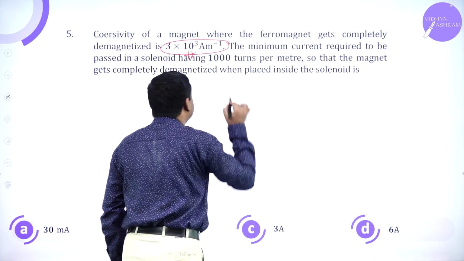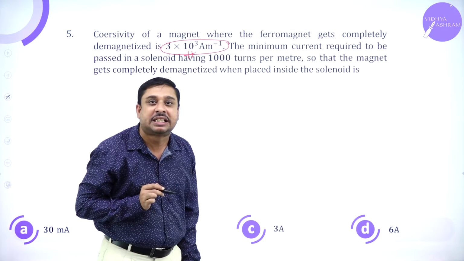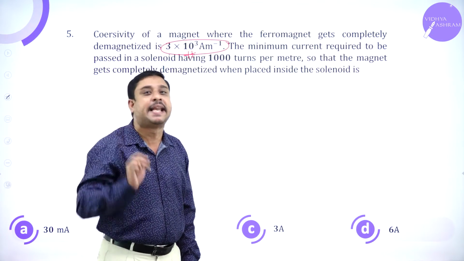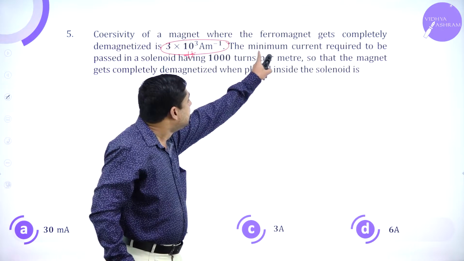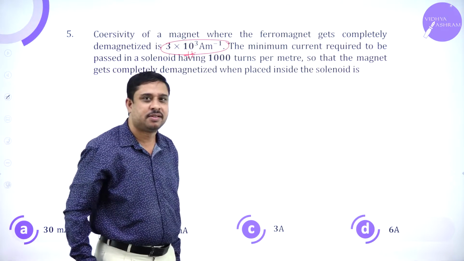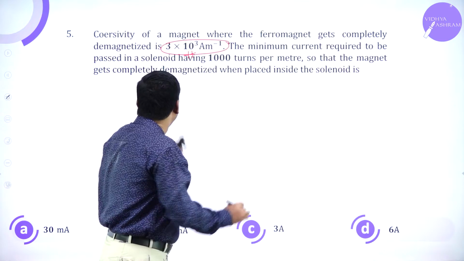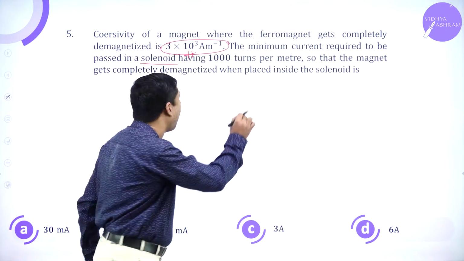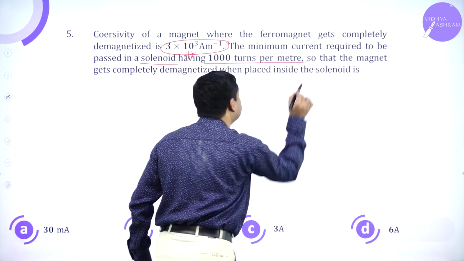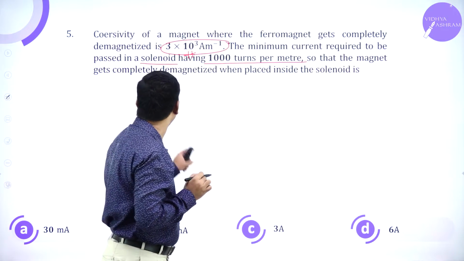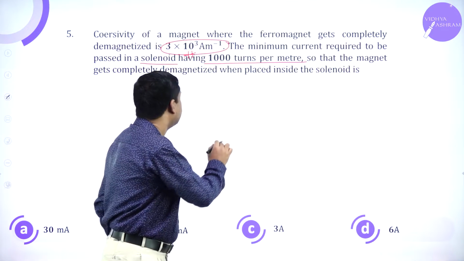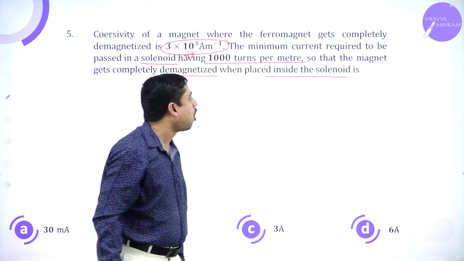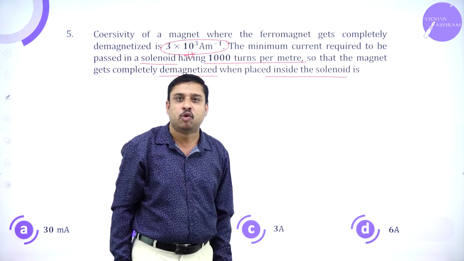So this 3 into 10 power 3 is the negative magnetizing intensity. The minimum current required to be passed through a solenoid of 1000 turns per meter, so that the magnet is completely demagnetized in the solenoid, has to be calculated.